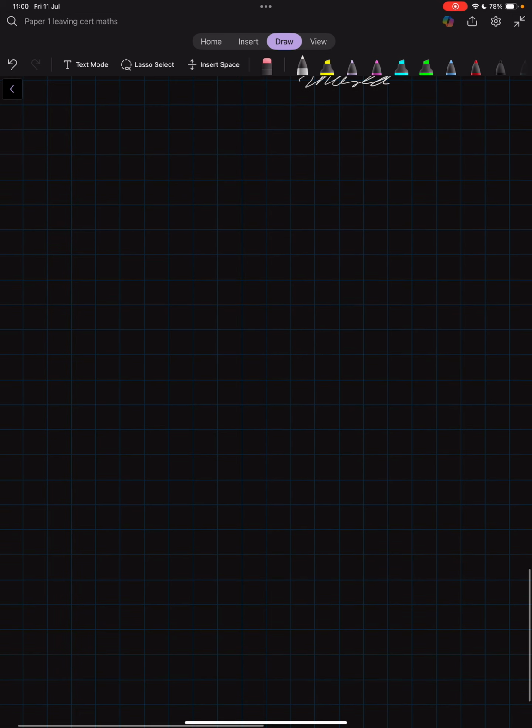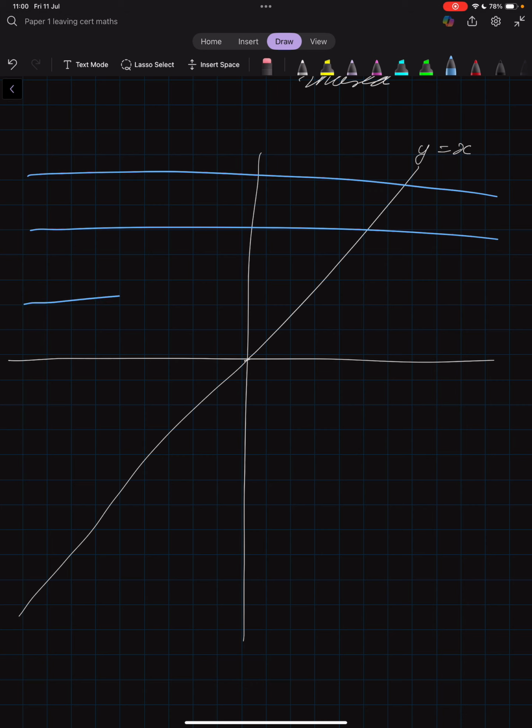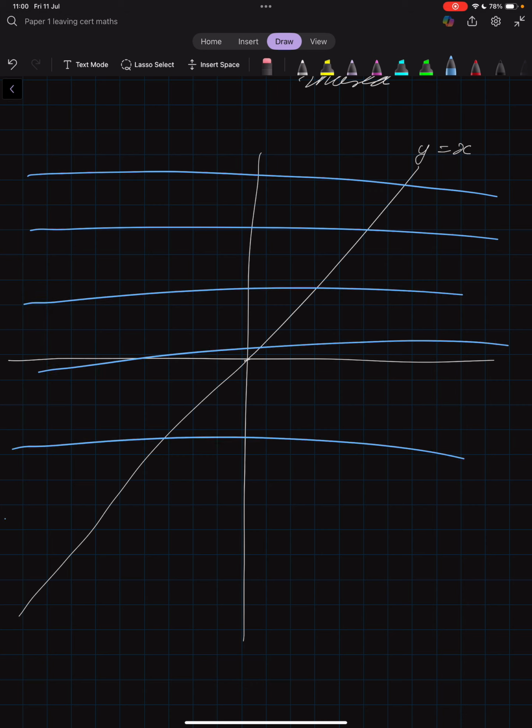So an example of a bijective function would be the y equals x line, or basically any linear function for that matter. Why? Because this says that you need to hit the graph exactly once with all your horizontal lines. And I hit it exactly once every single time. Therefore this one is bijective. So that's the definition of those.